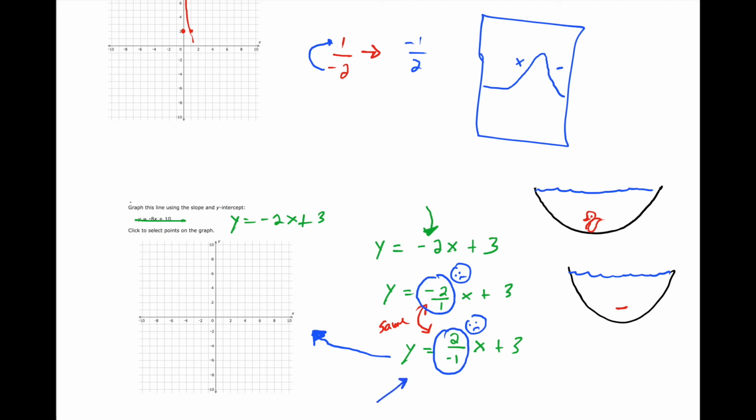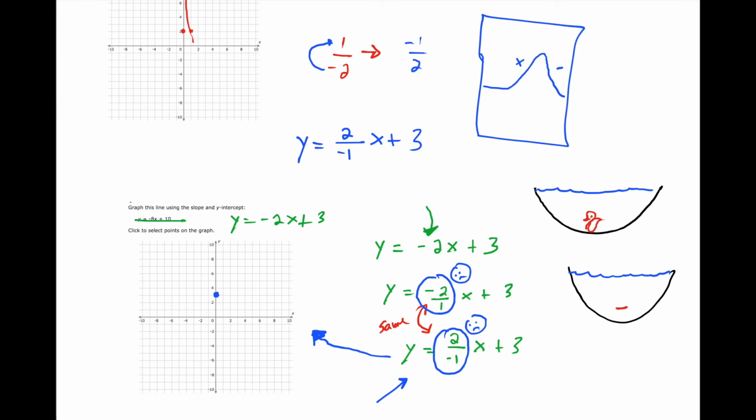So what's the first thing I put down on the graph? 3. All right, so 1, 2, 3. Remember, we're graphing it with a negative on the bottom. So then what's my rise? We're graphing it as is, just looking at it. Y is equal to 2 over negative 1 x plus 3.